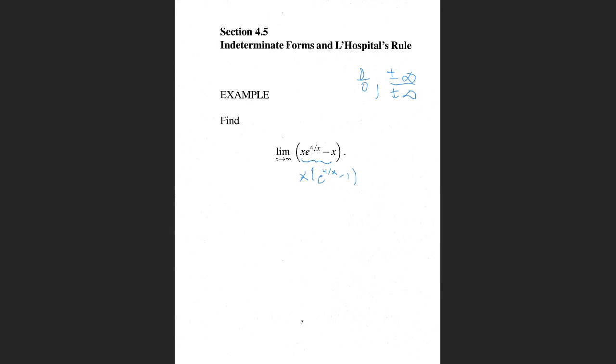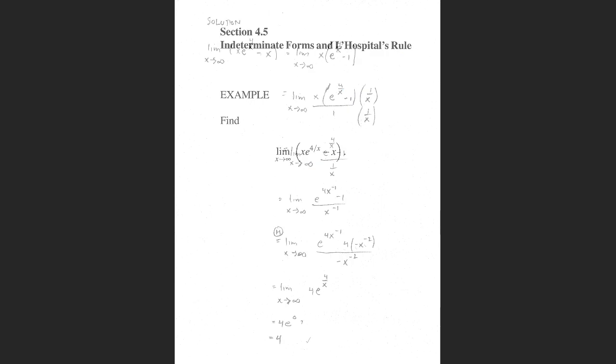But the goal always is to get the function or the expression in one of those indeterminate forms. So let's see how this one works. I'll go to the next page.